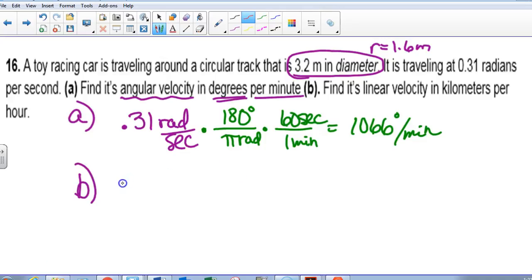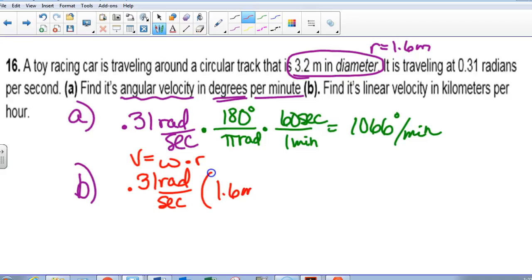Now, we're supposed to find its linear velocity in kilometers per hour. 0.31 radians per second times the radius, which is 1.6 meters. 0.31 times 1.6 gives us a lovely 0.496.